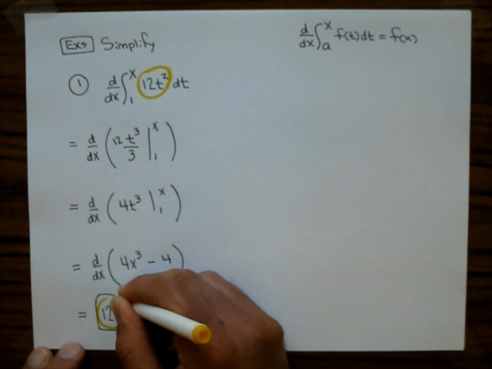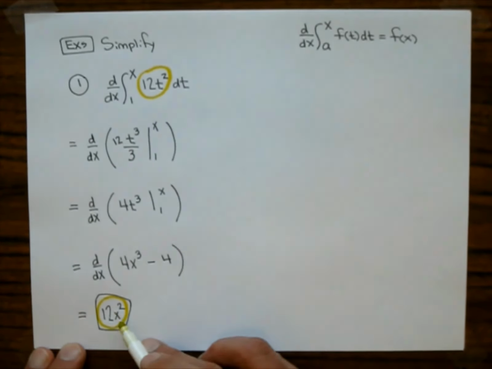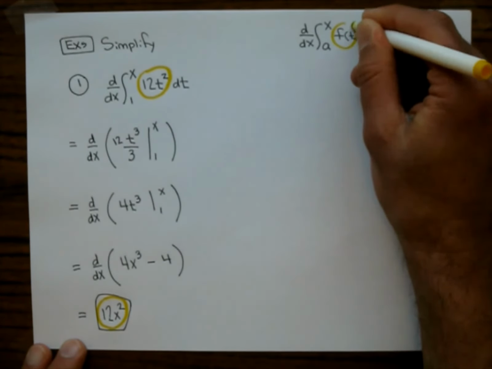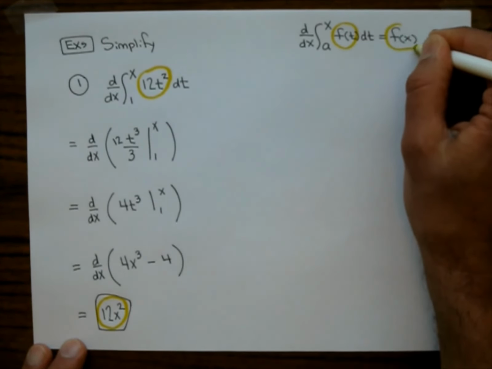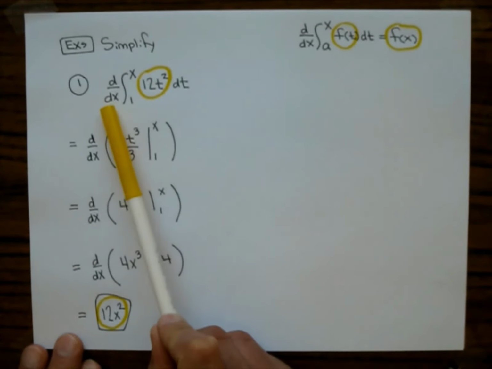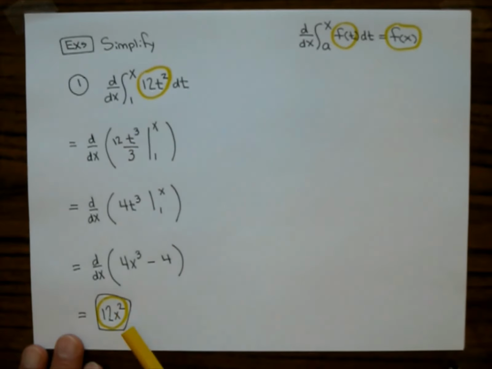Doesn't that look the same, except now it's not a t anymore, it's an x? And isn't that exactly what fundamental theorem of calculus number 1 says will happen? You line up the derivative right outside the antiderivative. They're inverses of each other, so you'll end up with the same thing.